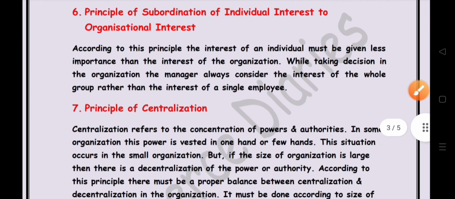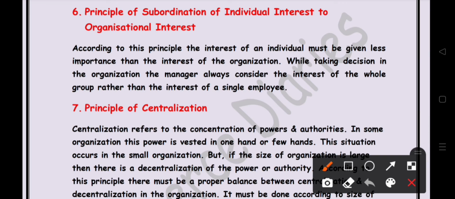Then next, the principle of subordination of individual interest to organizational interest. According to this principle, the interest of the individual must be given less importance than the interest of the organization. In any kind of organization, the interest of the organization is given first preference, so there should not be any bias on the basis of one individual person.